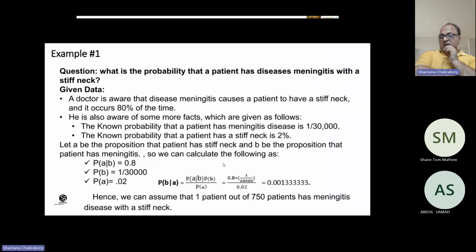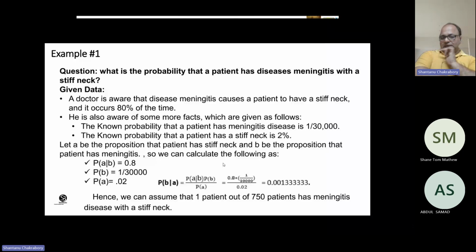So the proposition that the patient has a stiff neck and the proposition that the patient has meningitis both can be calculated using the conditional when the patient has meningitis. So the doctor knows that it is 80%, right? So he's aware that meningitis causes a patient to have a stiff neck 80% of the time it occurs.